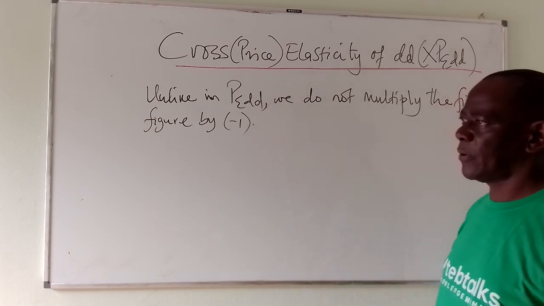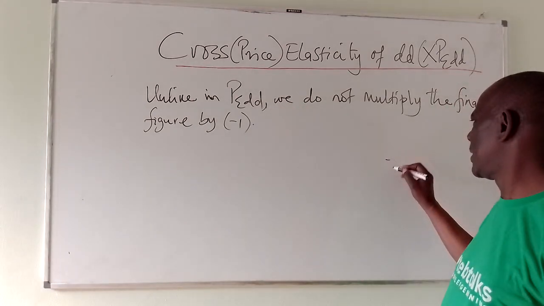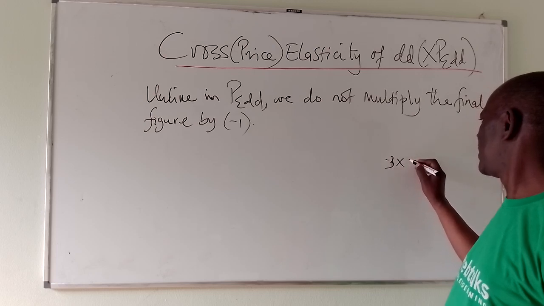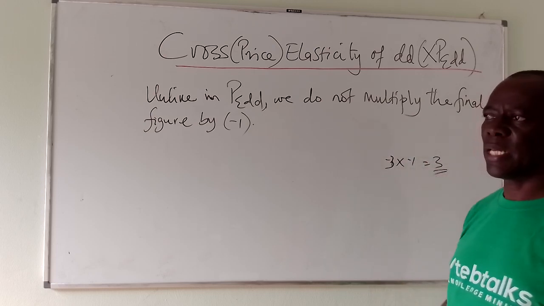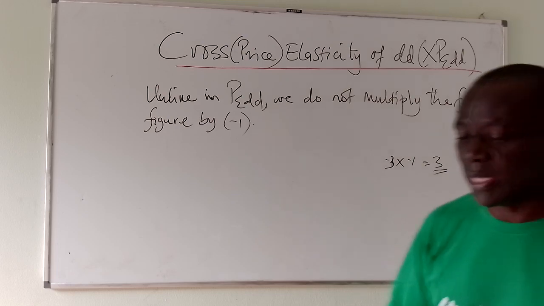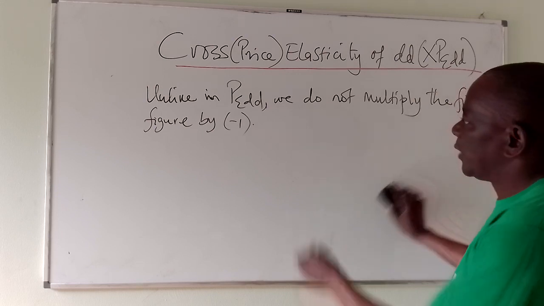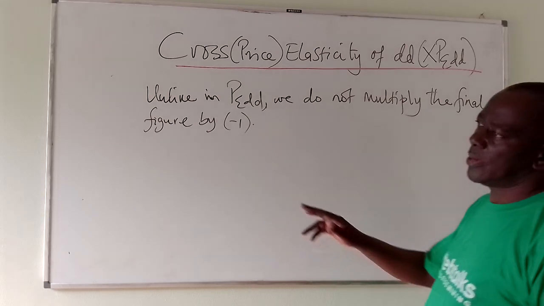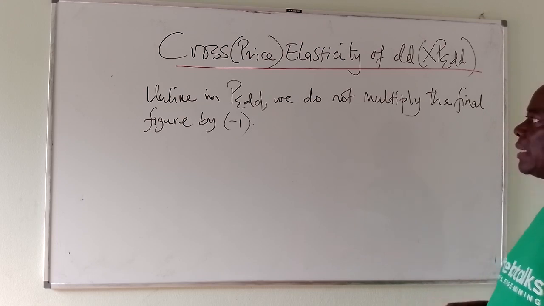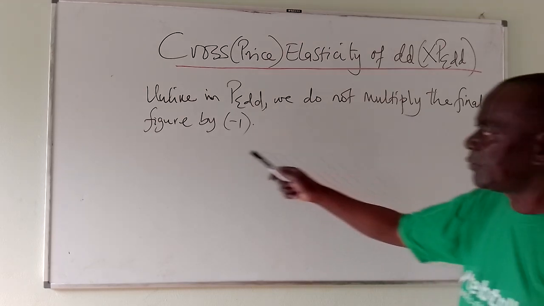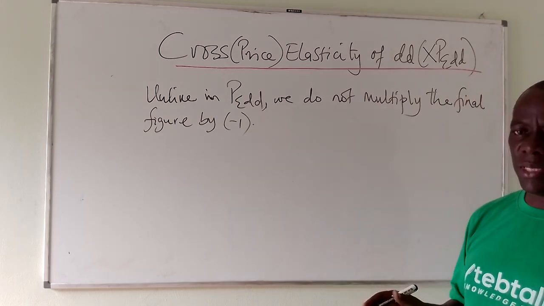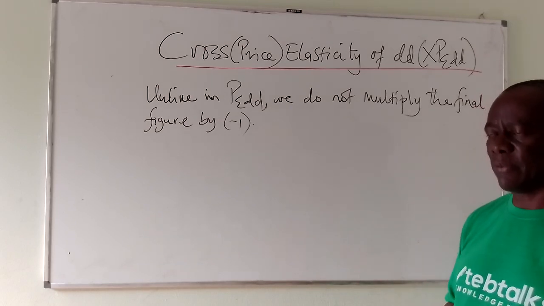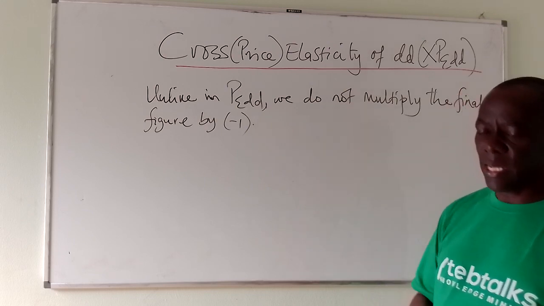Therefore, whenever we calculate and the figure is negative, we multiply it by -1. If it is negative, say -3, we multiply it by -1 to get 3, because price elasticity of demand is given in positive figures. With cross price elasticity of demand, it remains as you calculate it. If you have calculated and it is negative, we leave it as negative. If it is positive, we leave it as positive, because each figure that we get has an implication.